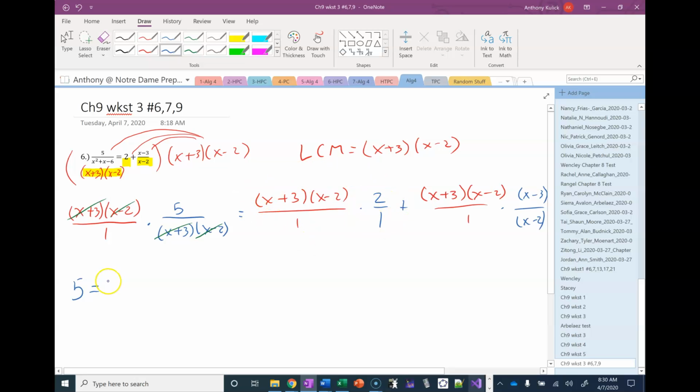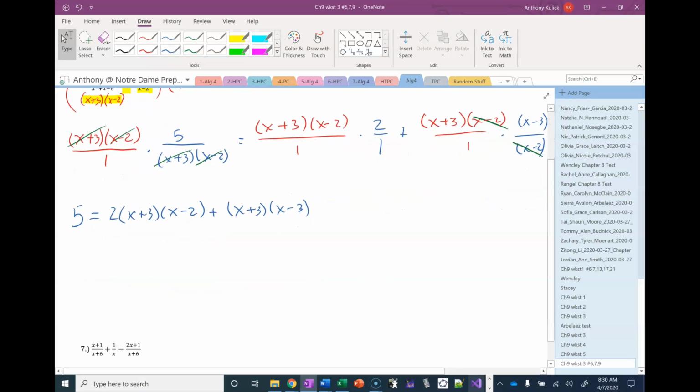Next, I'm going to multiply these two fractions together. I notice that both the denominators are 1, so I don't really need to write the denominators anymore. Then I'm going to look at multiplying these two fractions together. Here I notice the x minus 2's can cancel, so I'm left with x plus 3 times x minus 3. Now I'm going to multiply these polynomials out.